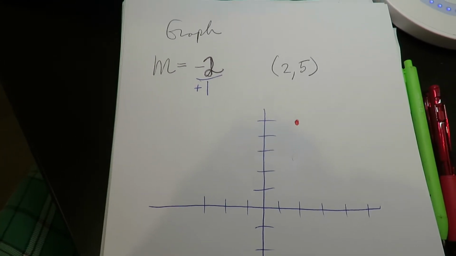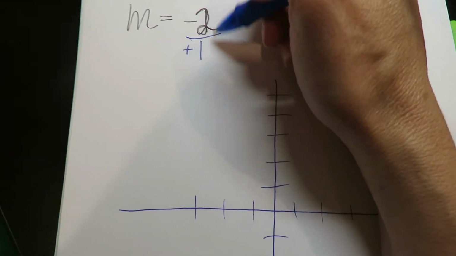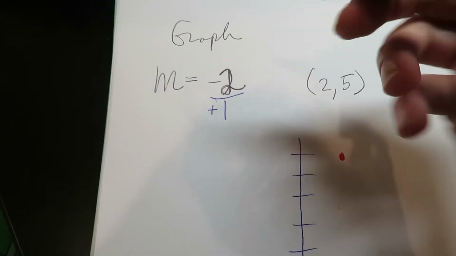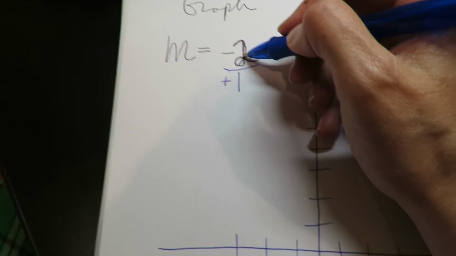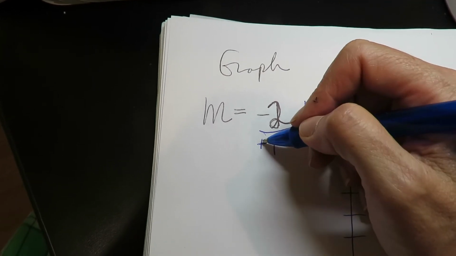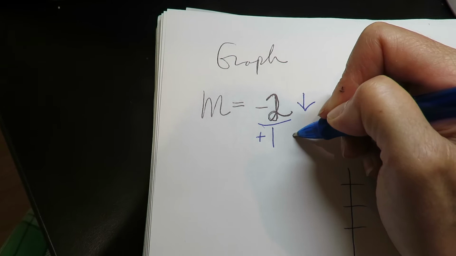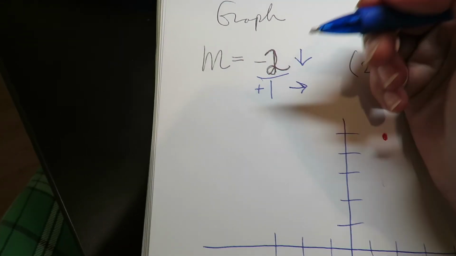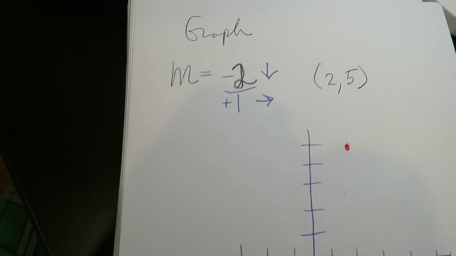For this one, for those of you who really like mathematics and want to understand more detail, I can always give you a little more detail. Right now I'm keeping the negative with the numerator, which means that the numerator is going down and the denominator is going to the right. But you could decide to put the negative in the bottom, and I may show that towards the end.